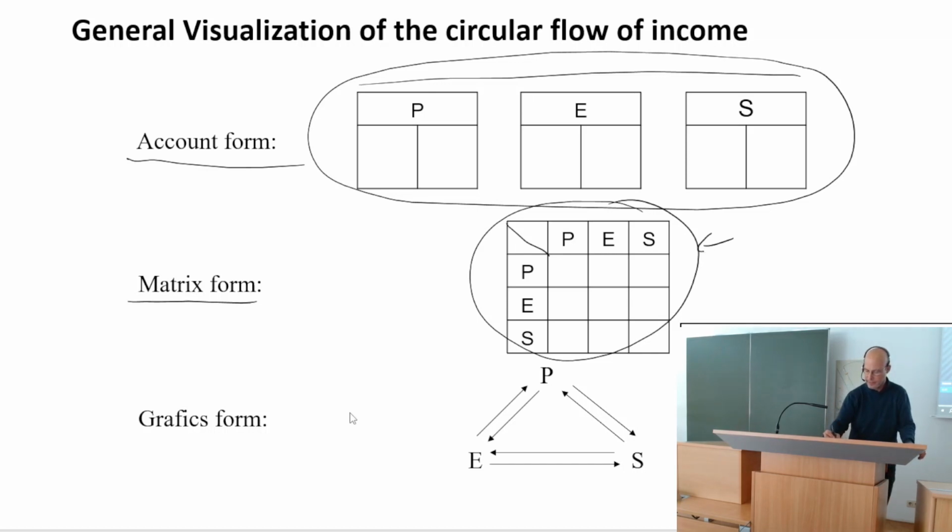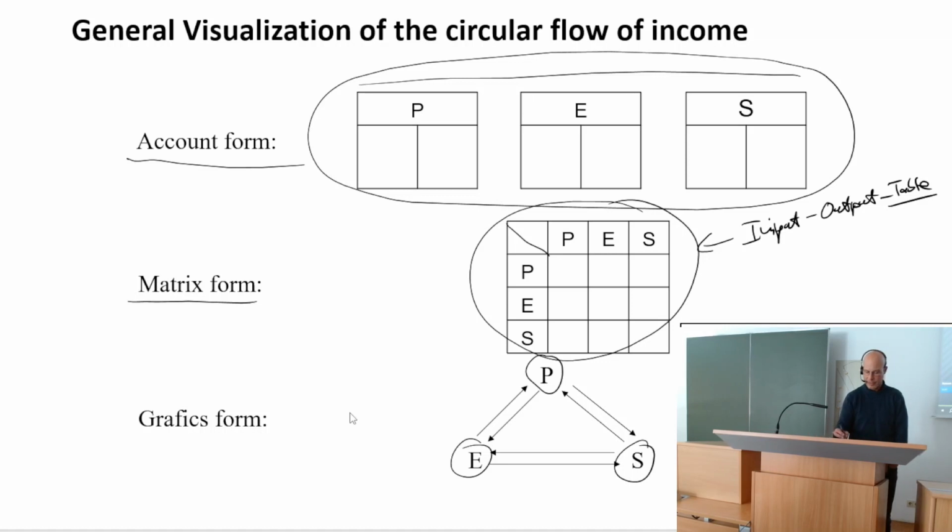And this is then in general in macroeconomics done in the so-called input-output table. Or in the end, we can put any sector in a diagram, in a graphical form, and at each arrow, we just write on these arrows what is happening.